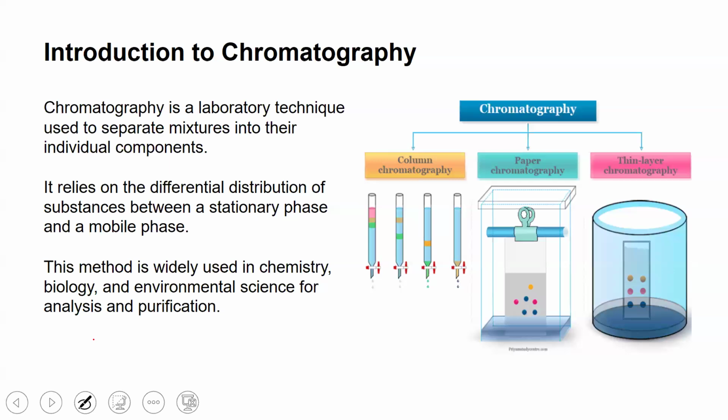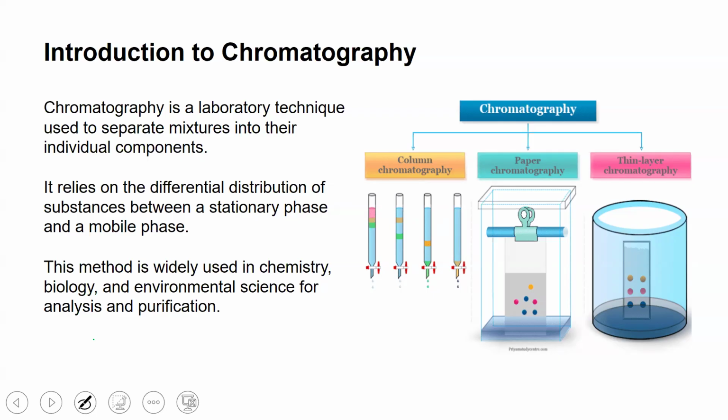Assuming now you have a mixture of colors where you have red, green, yellow, and white together. It is the role of chromatographic techniques to separate the components of the colors into different colors.